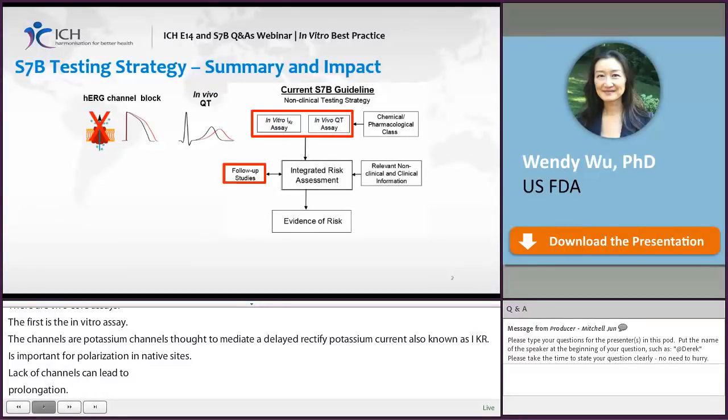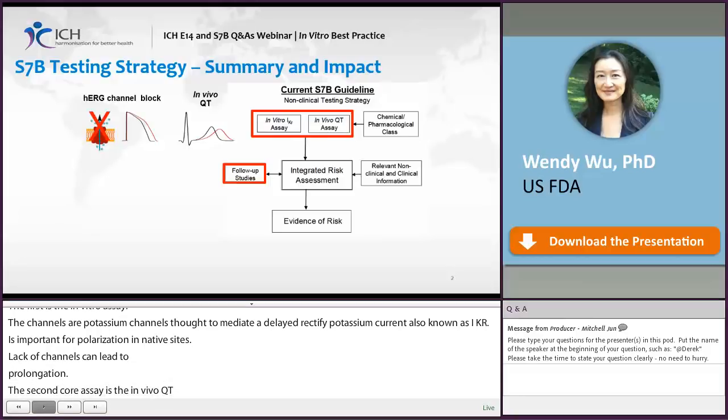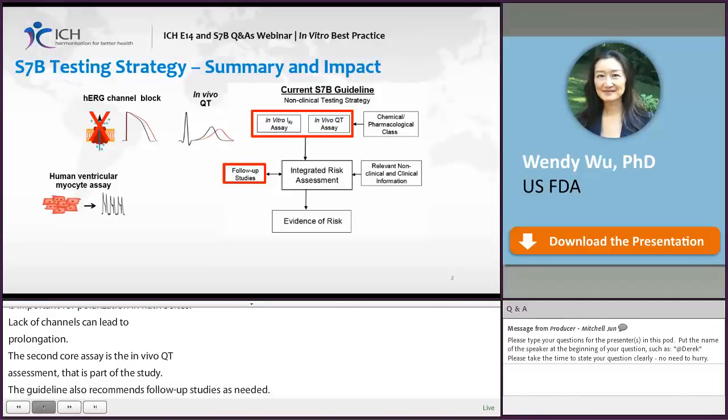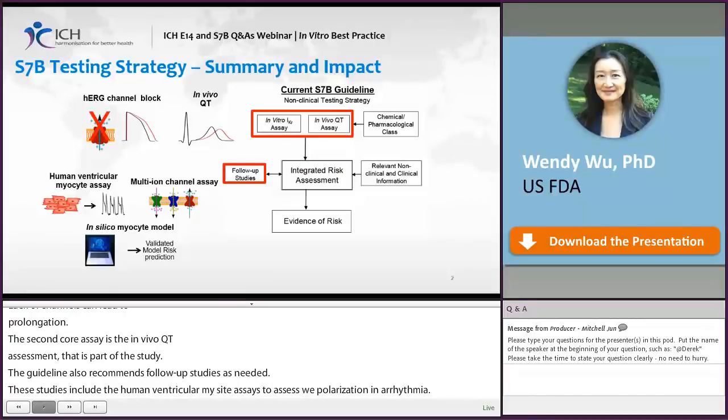S7B guideline also recommends follow-up studies as needed. And these follow-up studies include the human ventricular myocyte assays to assess repolarization and arrhythmia, multi-cardiac ion channel assays to understand drug effects on the repolarizing and depolarizing cardiac ionic currents, and an in silico myocyte model that integrates electrophysiology results to predict TdP risk.